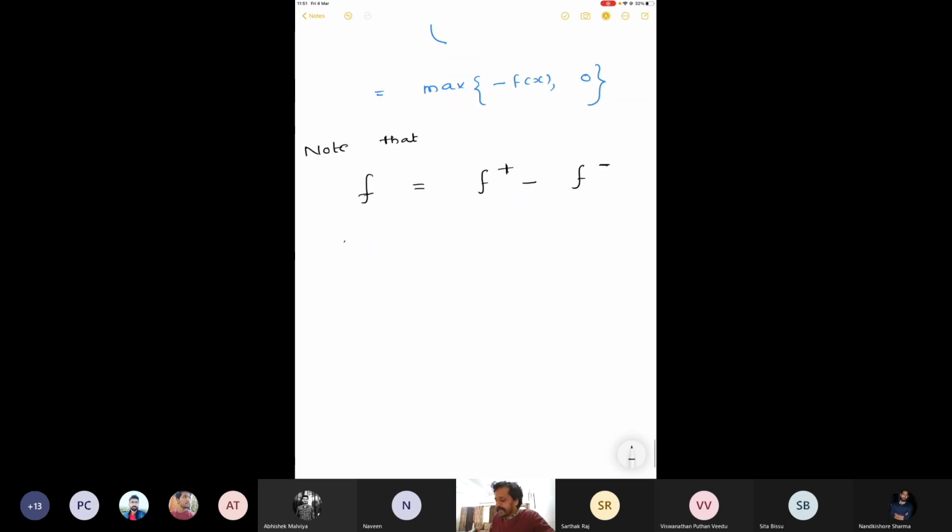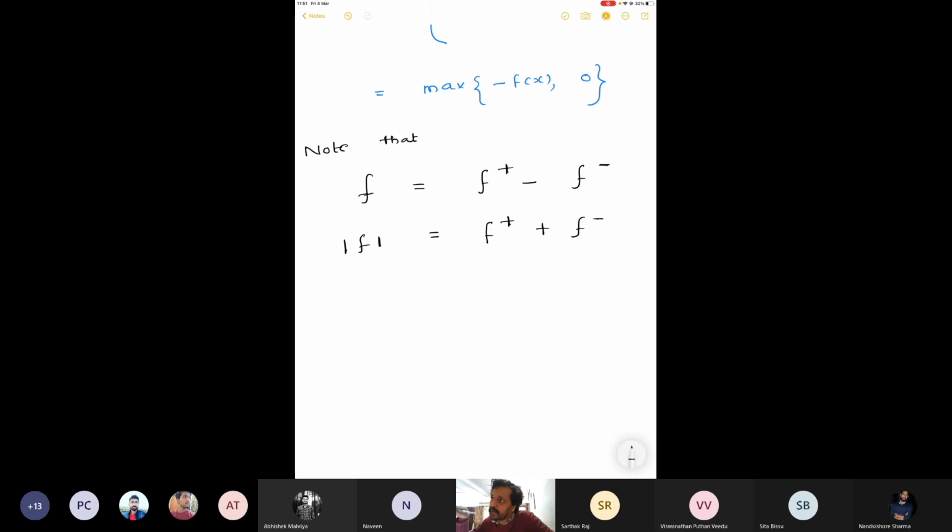And modulus of f, we don't need it right now, is f plus plus f minus. So a given function you have decomposed into two functions, and both of these functions are non-negative.